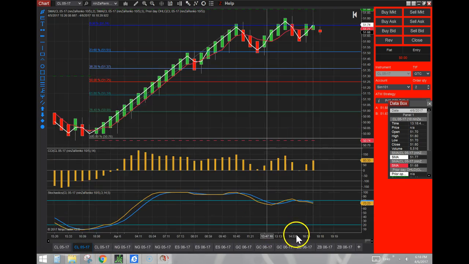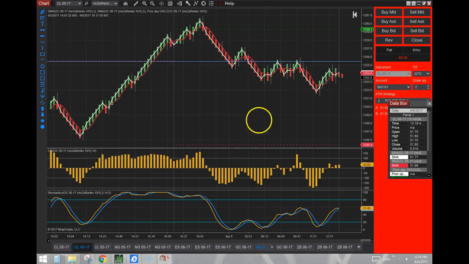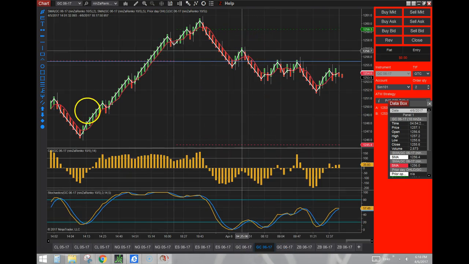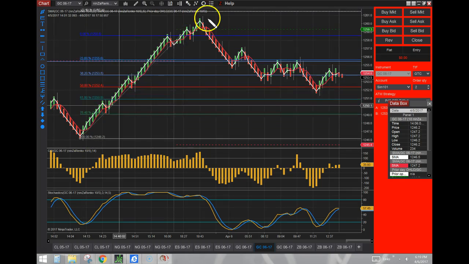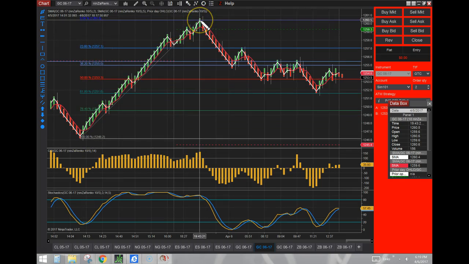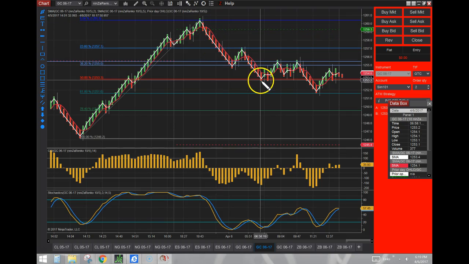Let's look at something else here. I did gold, I think. Yeah, I remember drawing a Fibonacci. We drew it from here up to here, and then I said, let's look and see where it was. And at the time, it had come right down here and hit.